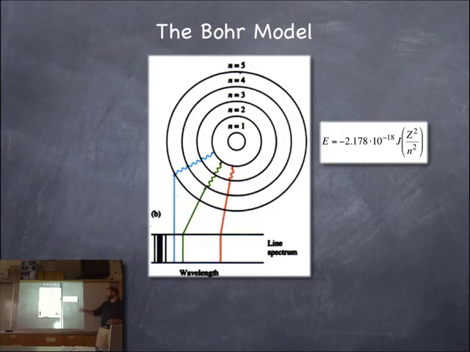So for hydrogen, this Z is 1 because it has 1 proton. J is the units of joules, that's our energy unit. So Z is basically the number of protons in the nucleus. For hydrogen, it's 1. N is the energy level, the principal energy level.